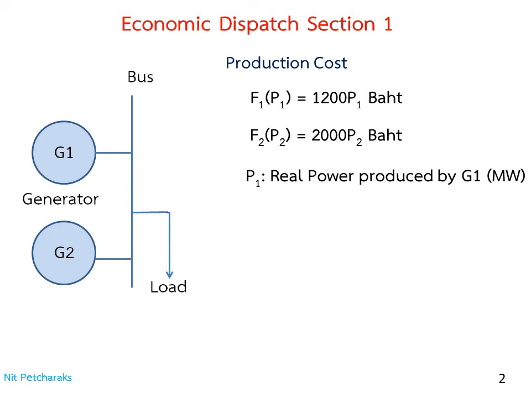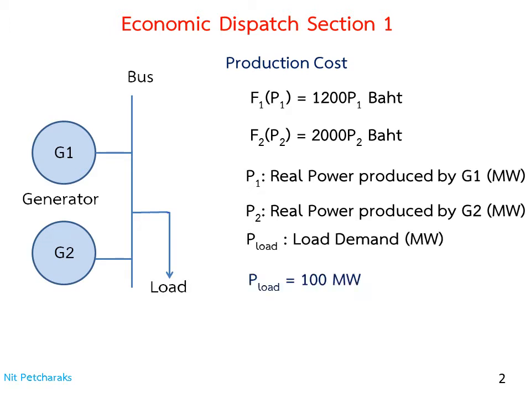Its cost function is 2,000 baht per megawatt hour. Load demand is 100 megawatt. If it is possible, we would like to use generator G1 to produce and supply all real power 100 megawatt, and let generator G2 not produce at all.